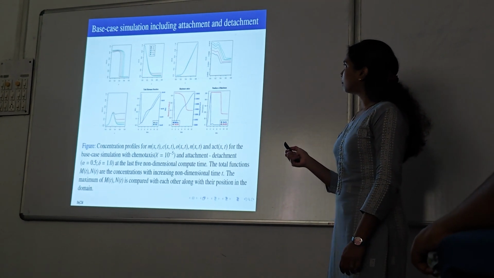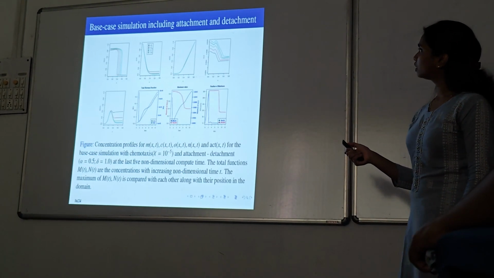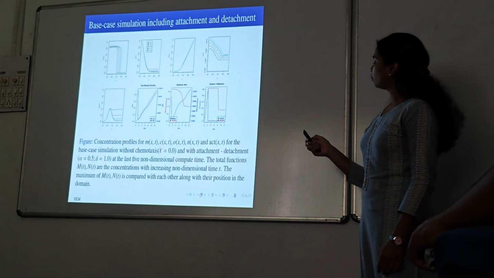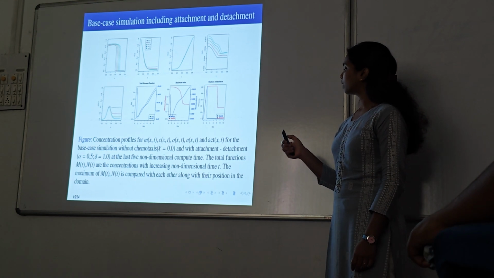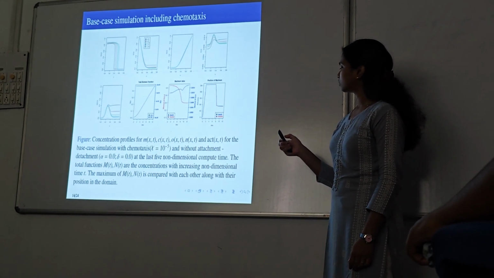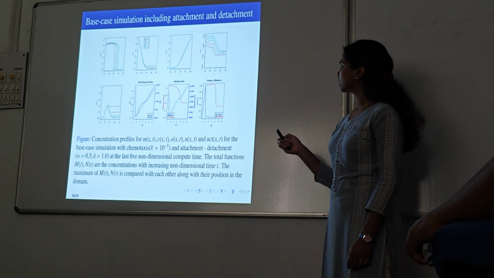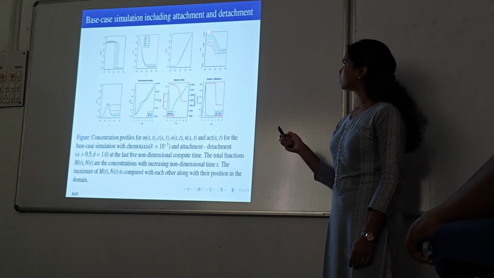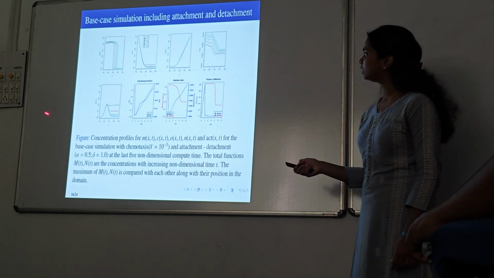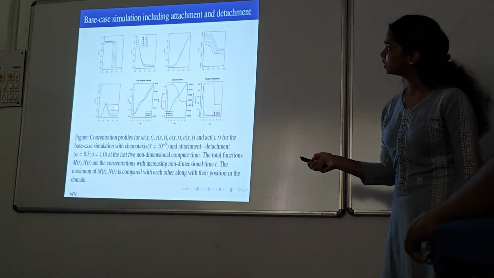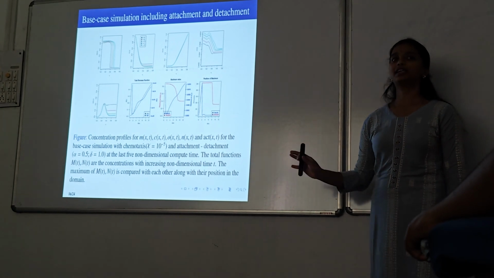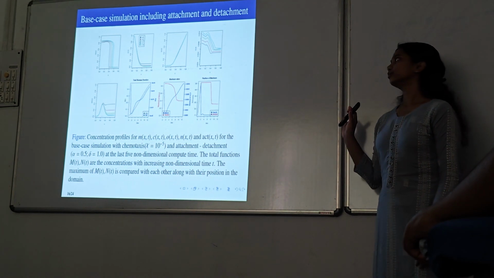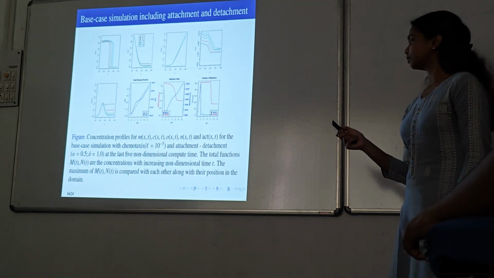If you compare with the previous one, we didn't see a peak forming for this one, but when we are using this chemotaxis part, we see a peak forming at the region where the growth condition is good. So that's how we know that chemotaxis plays a role in bacterial biofilm formation.